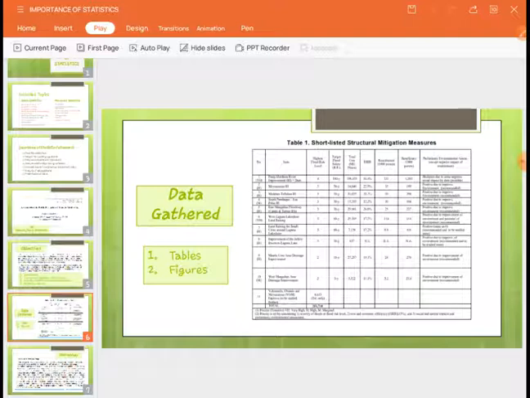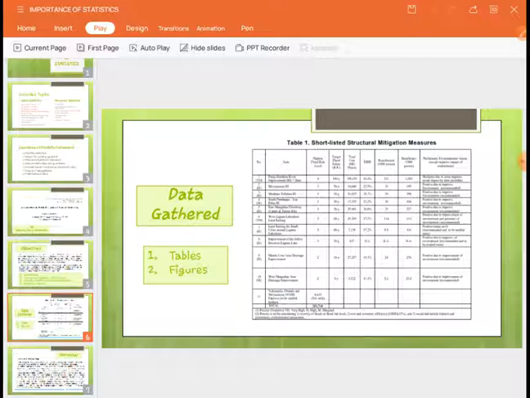Next is the data gathered. Kapag nagkakaroon tayo ng research, nag-gather tayo ng data where pwedeng by survey, pwedeng by actual inspection, or kaya naman by reading books or reading history. Pwede naman. Kaya nga tinatawag na research. So na-search na siya and you just have to research for the specific time. Halimbawa, ngayon na.